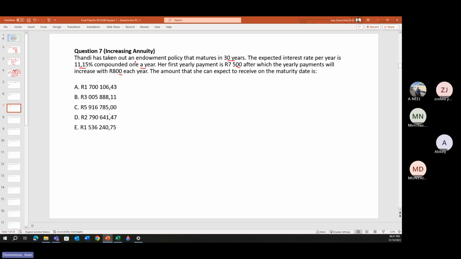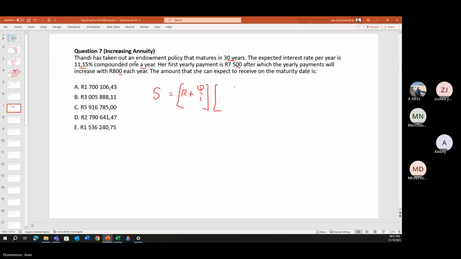Okay, so for this one, again, I will use, and I have at least written it down this time, some formulas. So let's quickly write it down, and then we can see what we have and what we need to get.